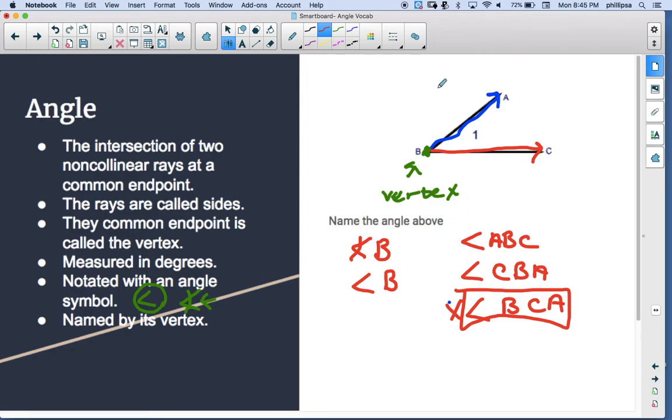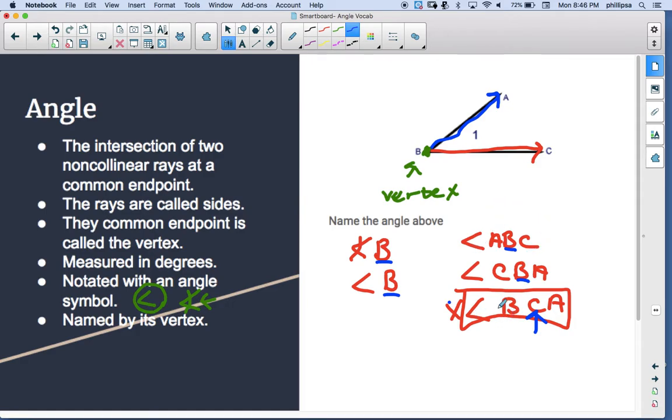The reason why this one's not acceptable is because of the location of this point. Notice that I said that an angle is named by its vertex. So I could call it angle B, I could call it angle ABC, I can call it angle CBA. What's important to realize is that if you're going to name it by more than just the one point, that the vertex be in the middle.